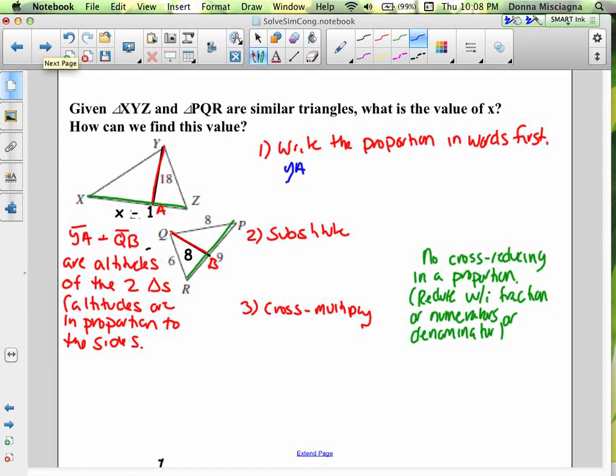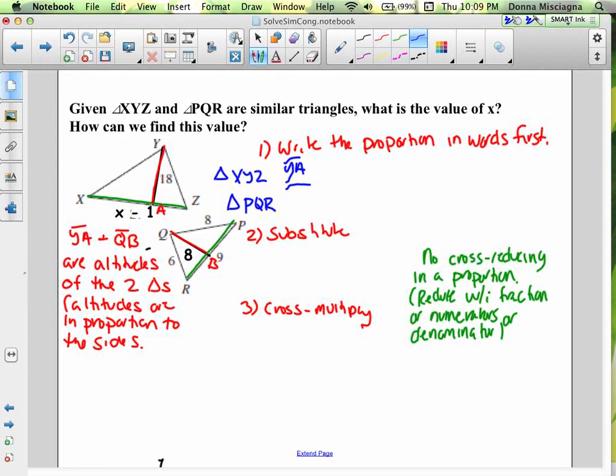And so in the numerator is going to be triangle XYZ. We always want one triangle in the numerator and the other triangle in the denominator. And so triangle PQR is going to be in the denominator. So segment YA is to, what does it correspond with in the other triangle?